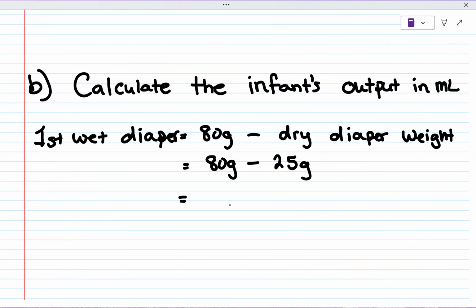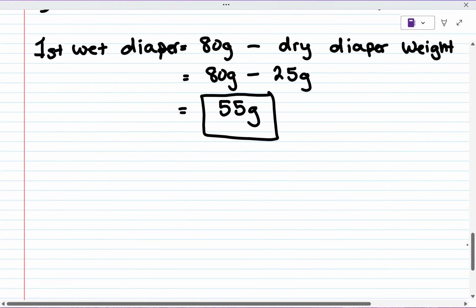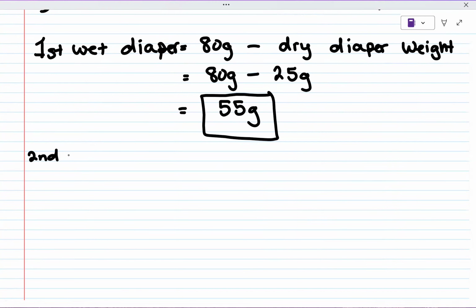So 80 minus 25 is 55 grams. Then we have to find the second wet diaper minus the dry diaper weight.